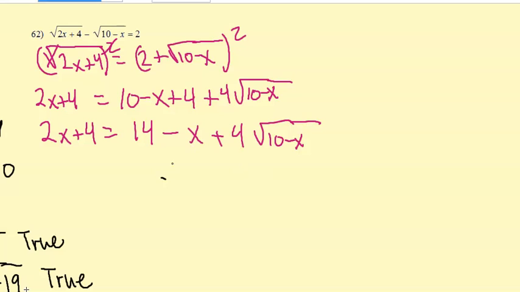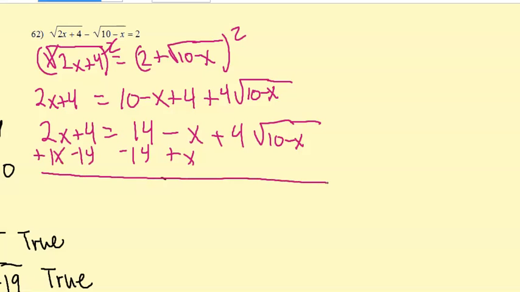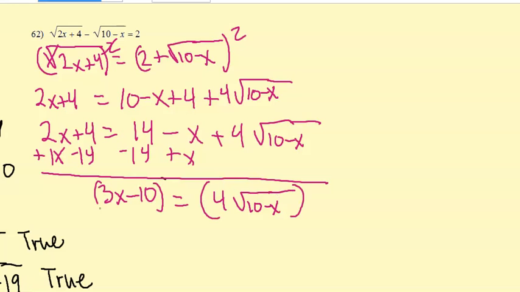Okay, from there, let's move everything over to the other side of the equation except for the last term. So we're adding x and we're subtracting 14. So then we get 3x minus 10 equals 4 square root of 10 minus x. To get rid of this square root, we'll exponentiate both sides by 2.